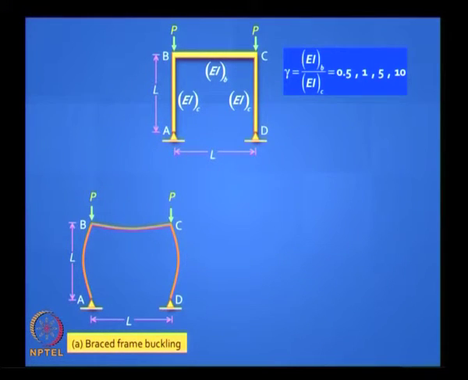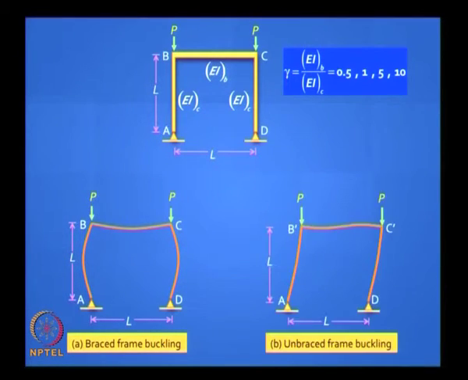Tell me what is P critical going to be bounded between, two extreme values of P critical. What is K effective? K effective is 1, that is one limit, the other limit is 0.7. Good.